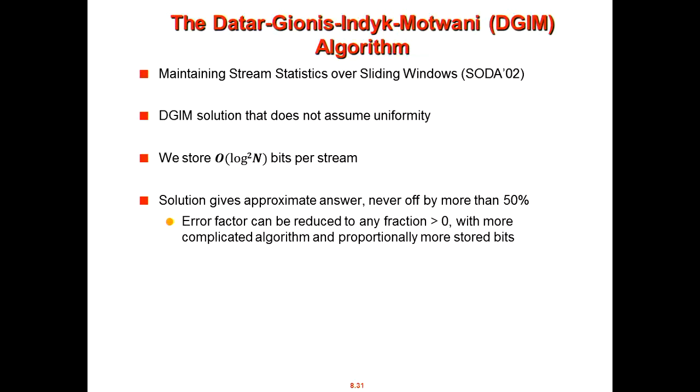And this solution gives an approximate answer, never off by more than 50%. So you can see there is a performance guarantee: your error will never be more than 50%. In fact, in this algorithm, the error factor can be reduced to any fraction, but it's a more complicated algorithm with more space cost.